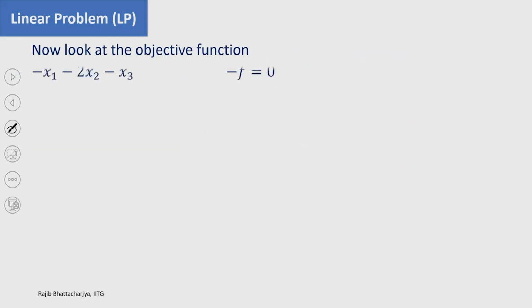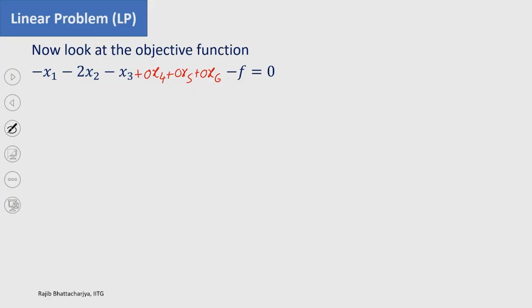Now, look at the objective function. The objective function is minus x1 minus twice x2 minus x3 minus f equal to 0, plus 0 x4 plus 0 x5 plus 0 x6. So, these are basic variables.